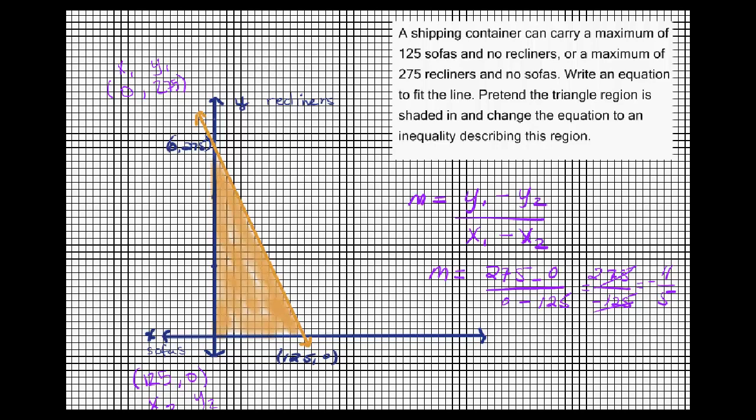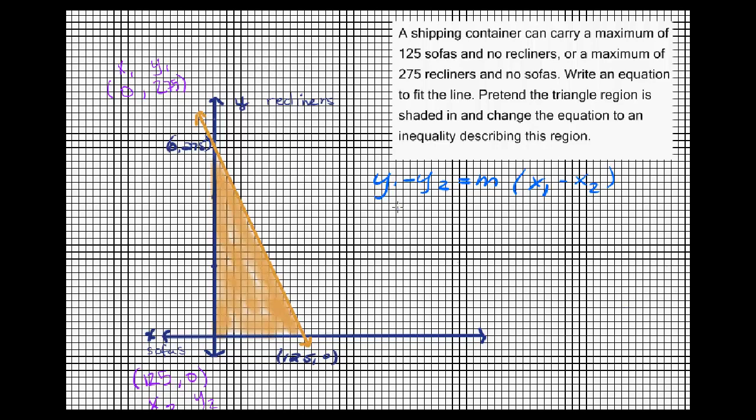All right, so because we know a point and a slope, we can then use the point-slope form to write the linear equation: y minus y1 equals m times x minus x1. Okay, it doesn't matter which point you use, so we're just going to use (0, 275).